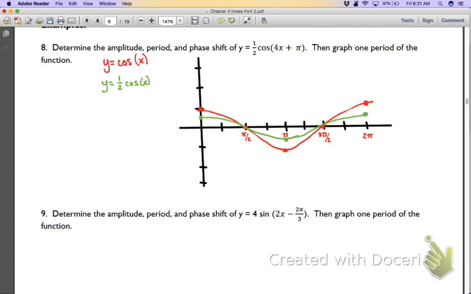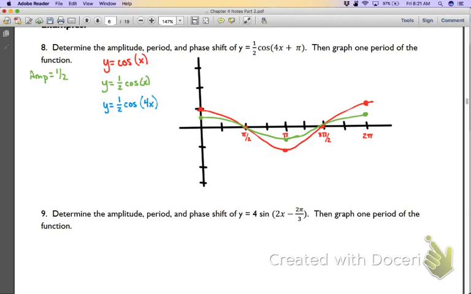Then what we did yesterday was if we just take this blue one, and we had y equals 1/2 cosine of 4x. So in terms of amplitude, period, and all that, the only thing that changed was the amplitude became 1/2.